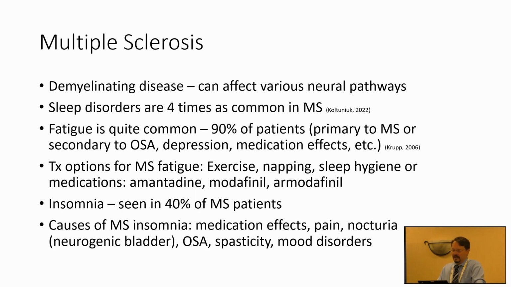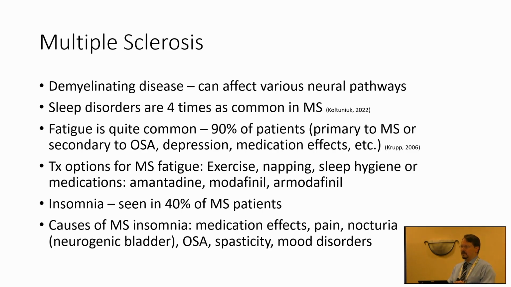All right. Now let's turn our attention to multiple sclerosis and demyelinating illness. Anyone who's seen or cared for someone with multiple sclerosis knows that it can really affect almost any neural pathway.